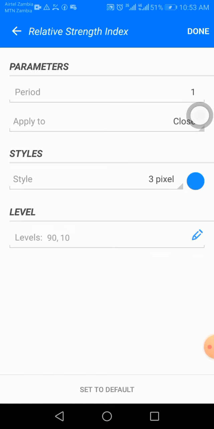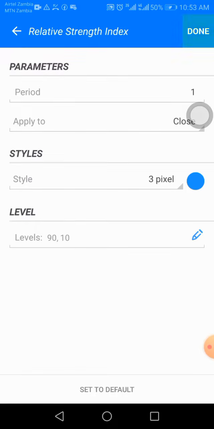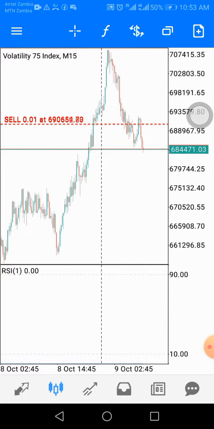The only part that you need to change are the levels, which I think for some of you it's going to be different. So the levels need to be 90 at the top and 10 below. The 90 is simply the selling level, and then the 10 is simply the buying level. So we say done, as you can see.